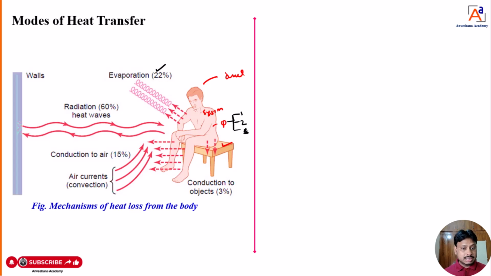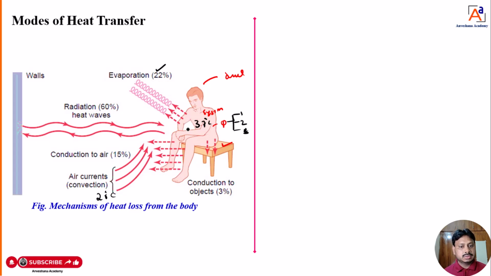One more thing: if your body is overheated, the ambient air, the atmospheric air, will come and interact with your body surface. Your body is at a high temperature, for example 37 degrees Celsius, and the ambient air temperature is 20 degrees Celsius. Air will come freely and interact with the surface of your body.